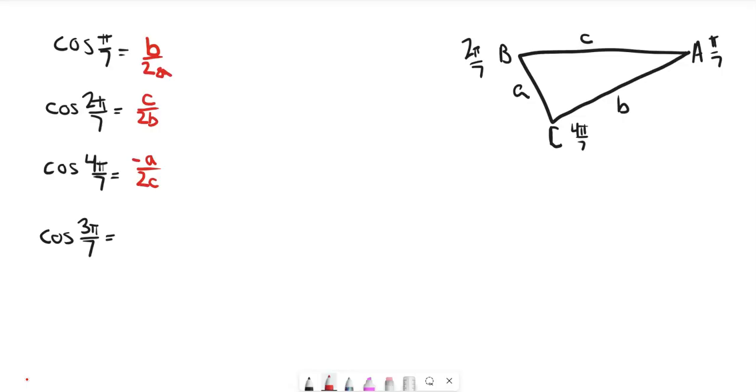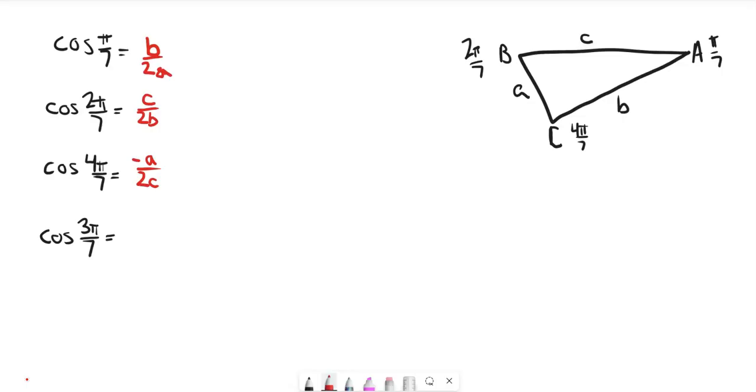But down below, you'll notice the cosine of 3 pi over 7. That is actually more established with the regular heptagon, but I am showing it here because, like I said, I've seen this ratio show up in mathematical Olympiad problems. So we know for a fact that 3 pi over 7 is supplementary with 4 pi over 7.